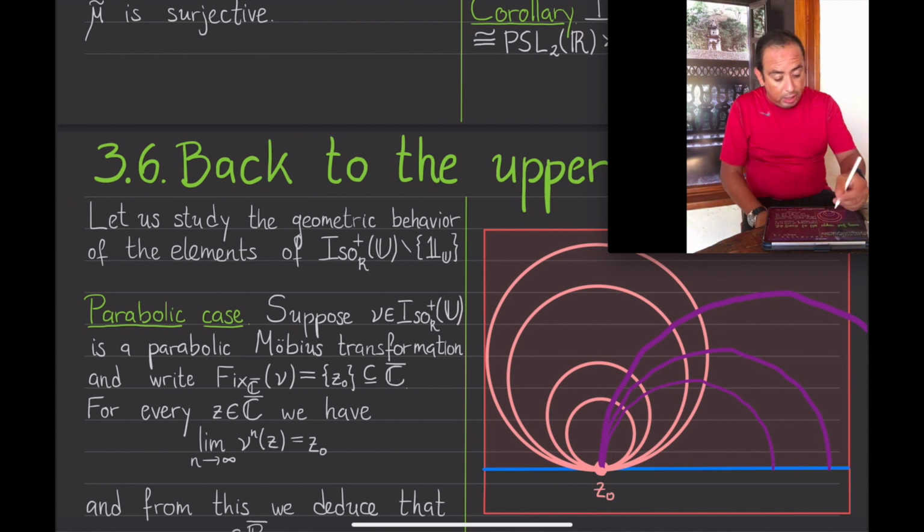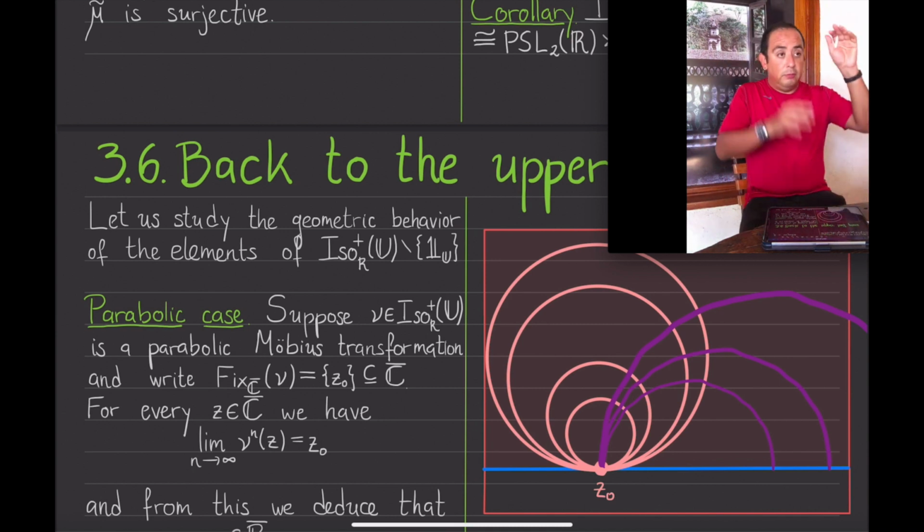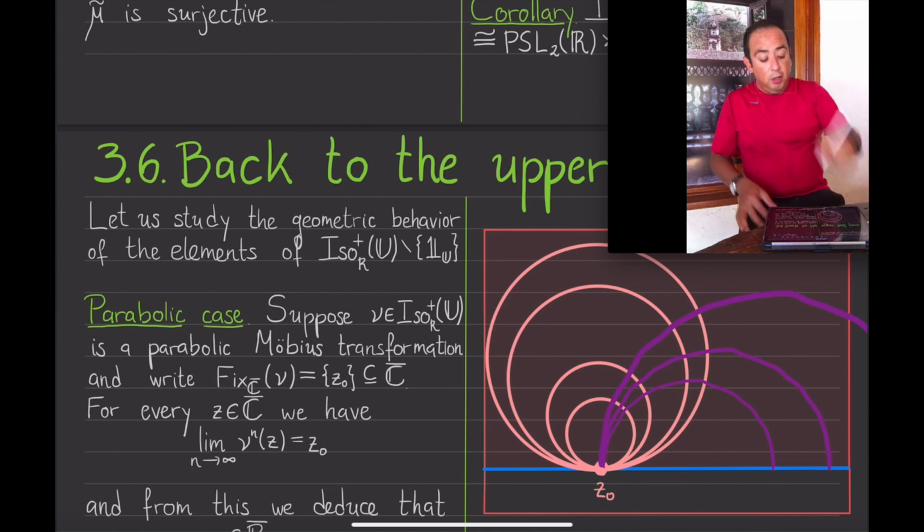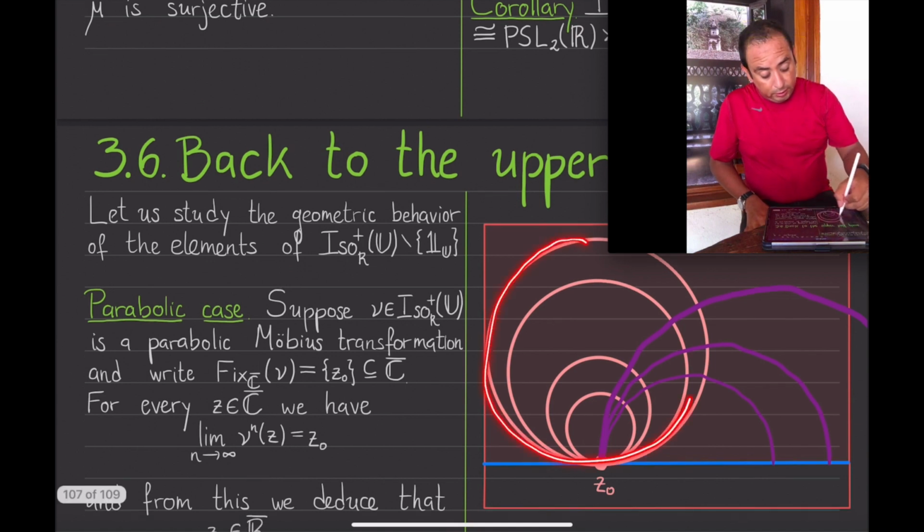Okay, so somehow the iterations of nu look like some sort of discrete flow on each of these, right?